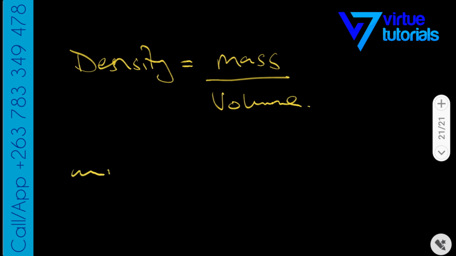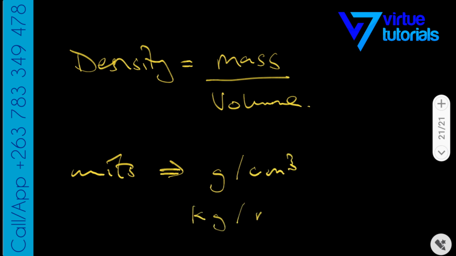The units are commonly grams per cubic centimeter. They can be kilograms per cubic meter, etc., but the common one is grams per cubic centimeter in your mathematics syllabus. But don't be surprised if you see something different.